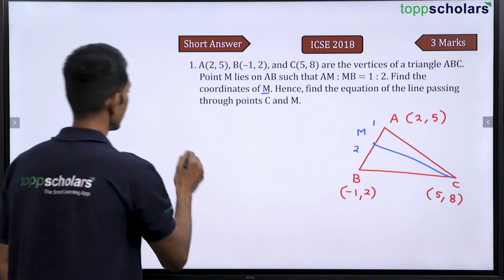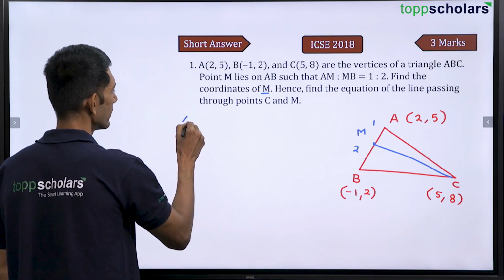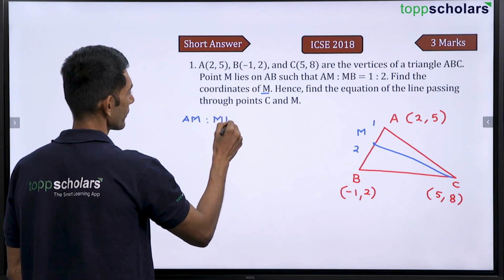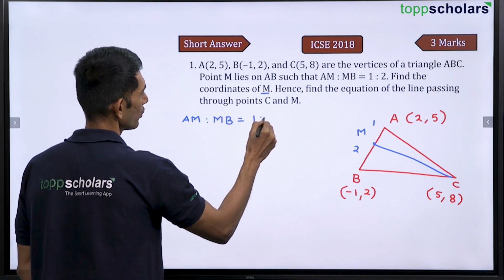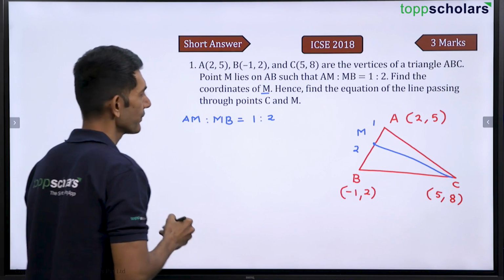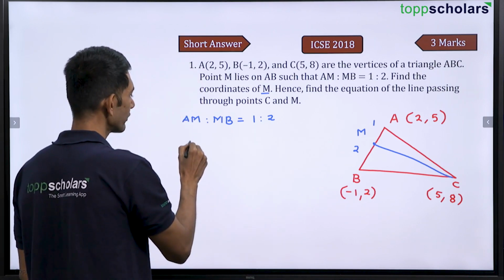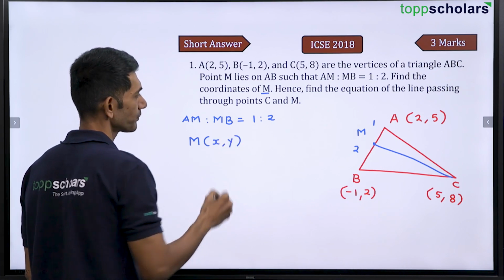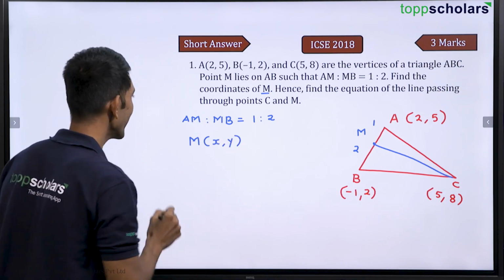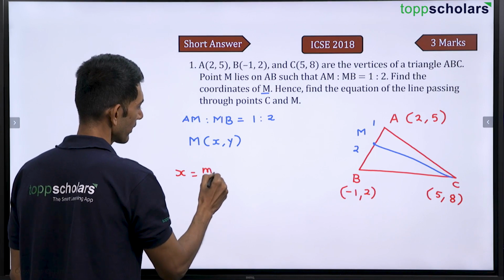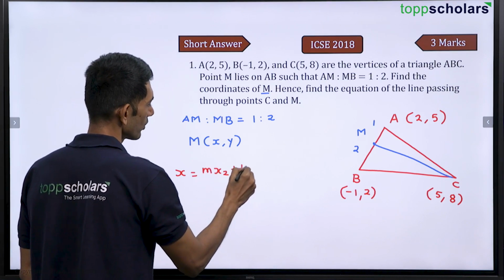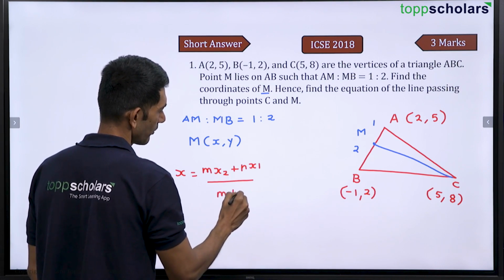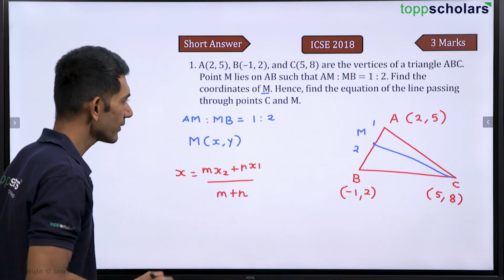We know that AM is to MB is 1:2. So if I consider the coordinates of point M as (x, y), we know that x is given by (mx2 + nx1)/(m + n), isn't it?